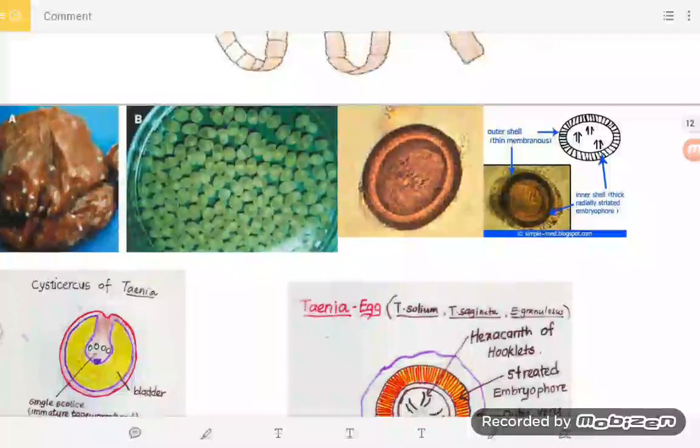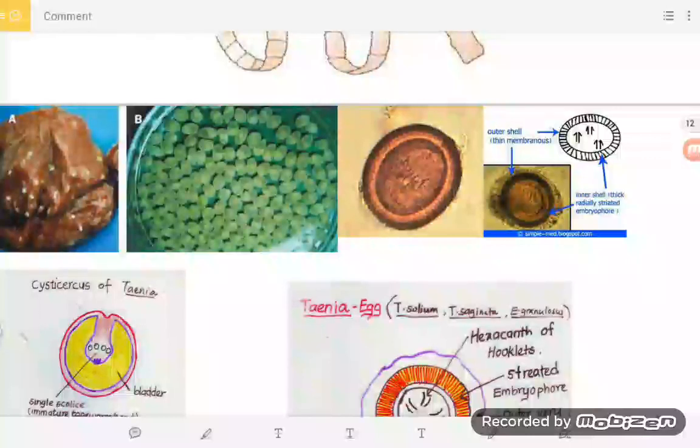Here we can see A and B, the first and second pictures from the left side. The first one, the brownish one, is the liver biopsy. Here you can see the whitish color, that is the larva, the Cysticercus cellulosae larvae.